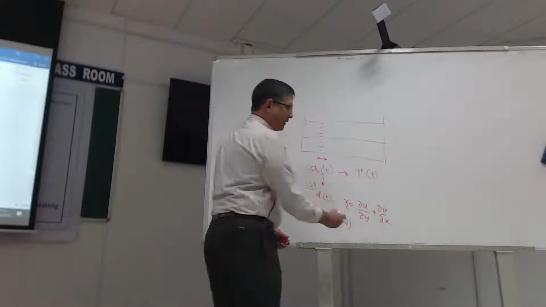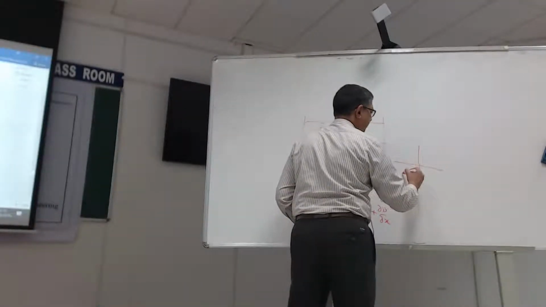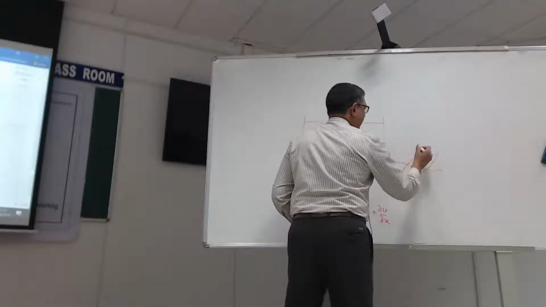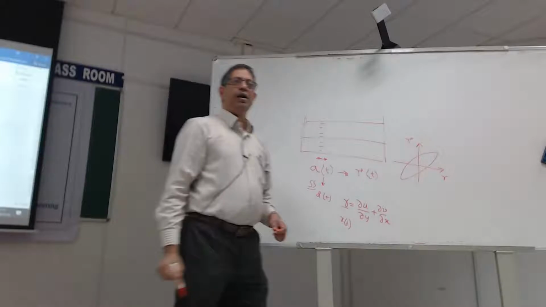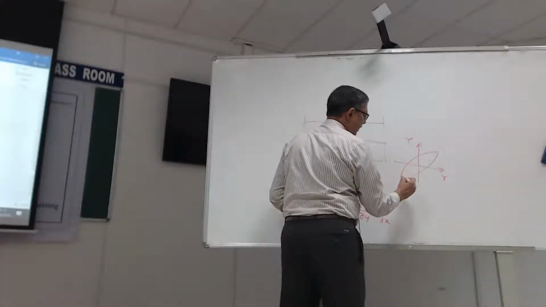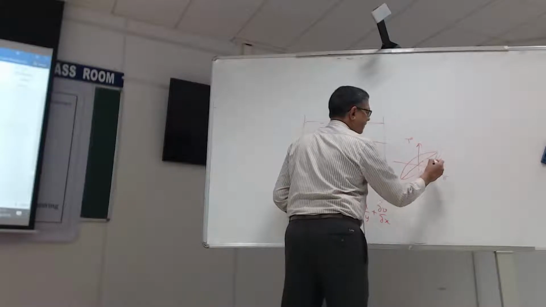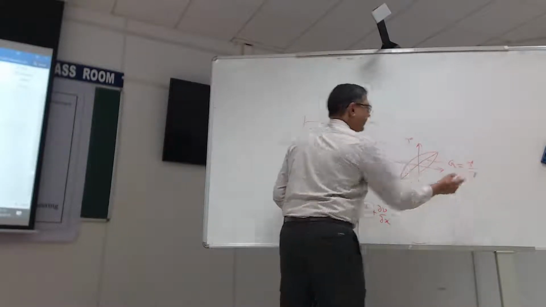If I know the stress and strain, then I can plot my loops for tau and gamma. If I know the loop, I can work out the slope of this, and that gives me my G, which is tau over gamma.